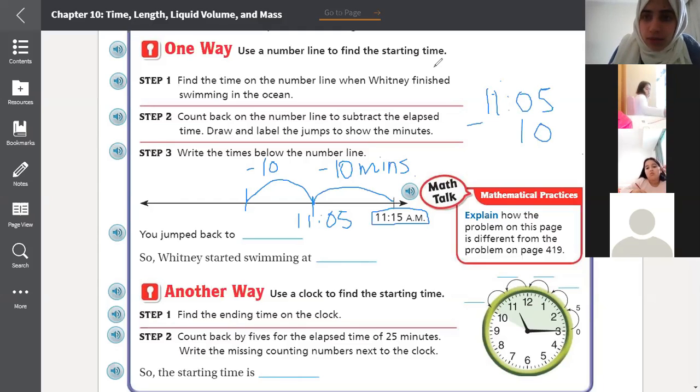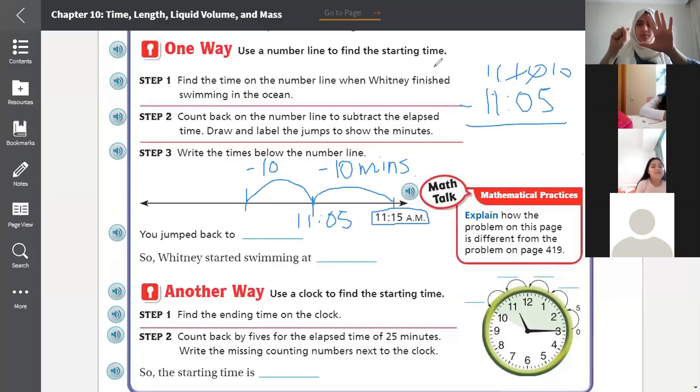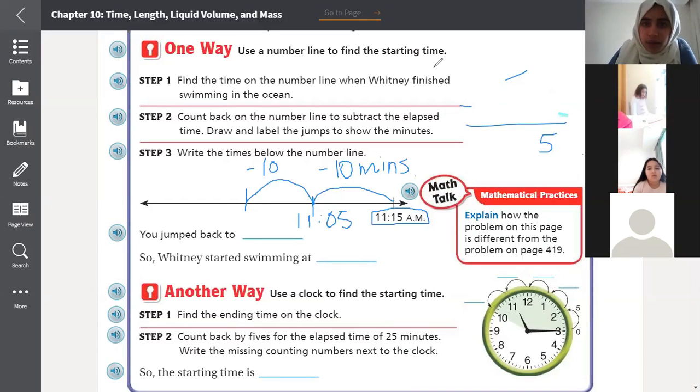Actually, I'm going to put the 10 on top. So I'm going to borrow here, and this will be 11. So 10 minus 5, Asil? 5.